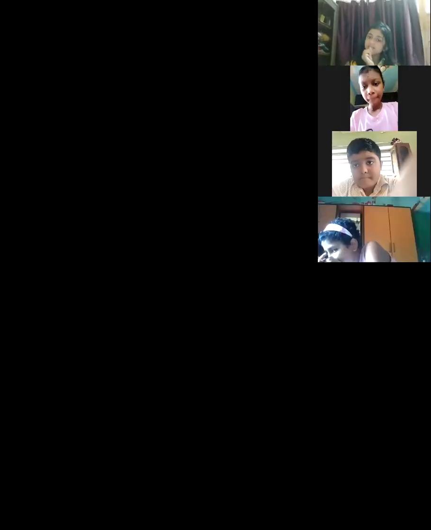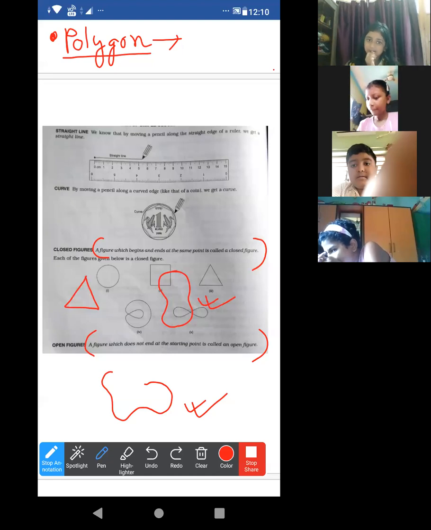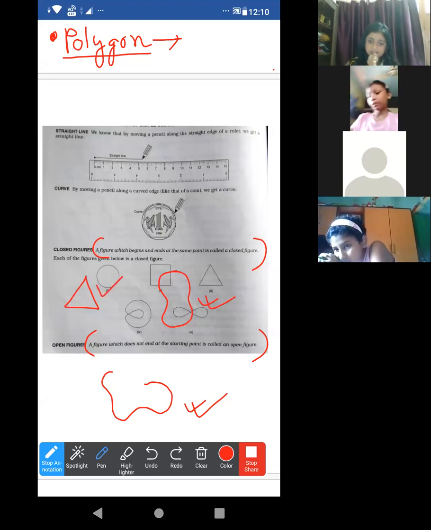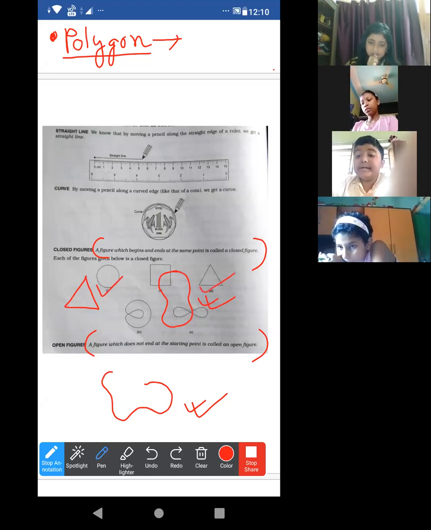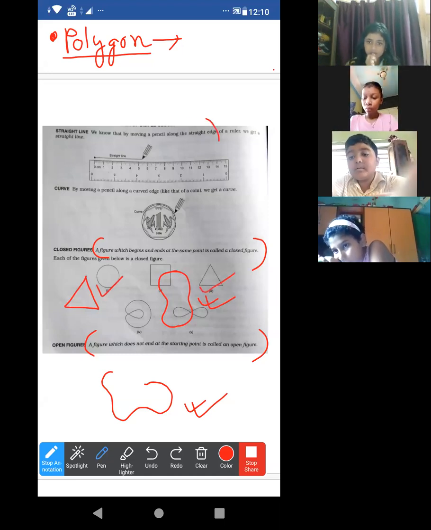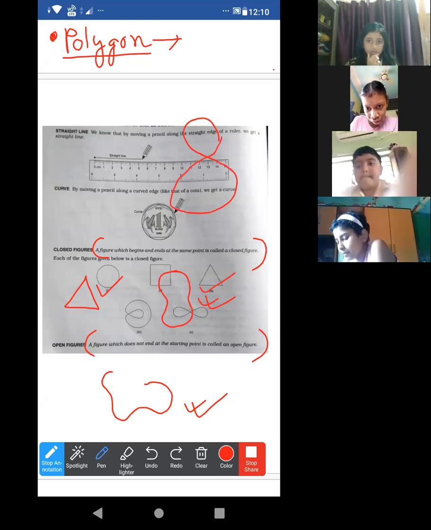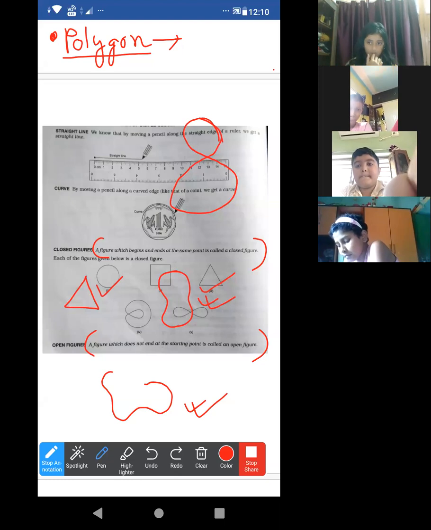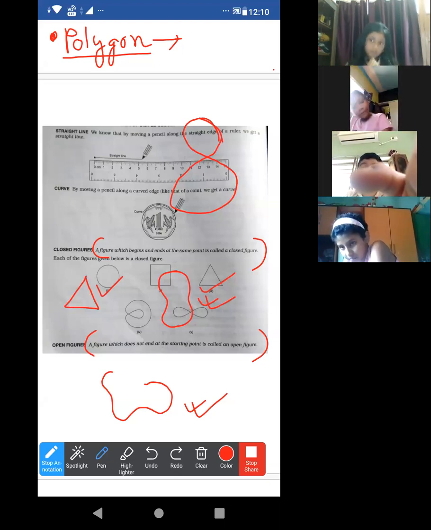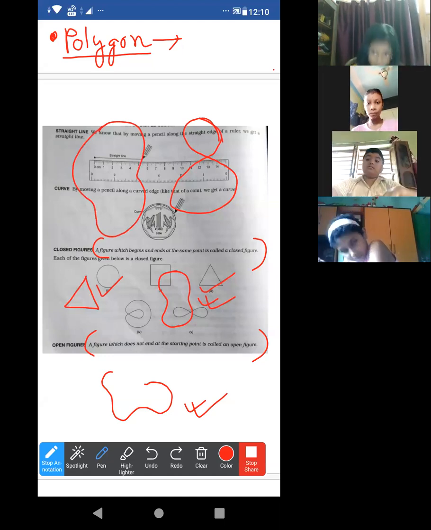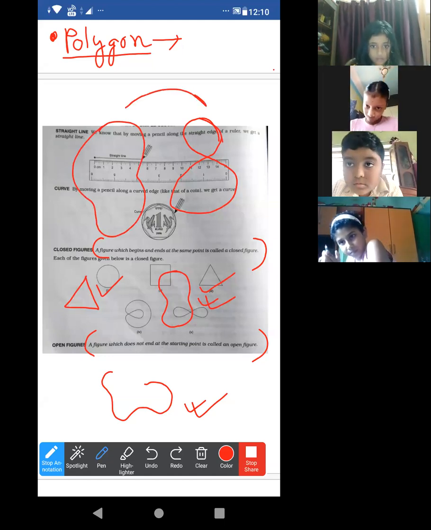Now look. Before polygon, let me explain one more thing. These are closed curves. So, these are simple closed curves. If we draw this one, this is also a closed curve. Yes or no? And this one is also a closed curve. But what is the difference between these two?